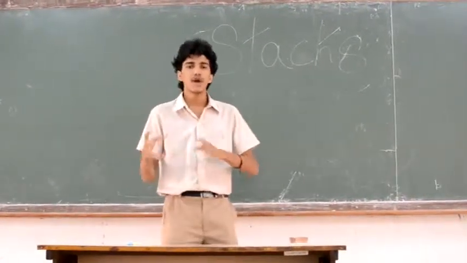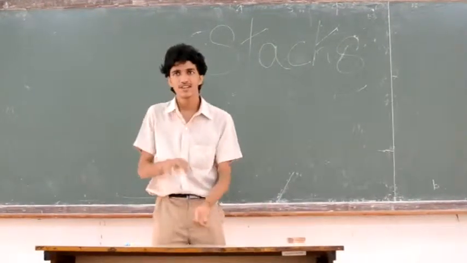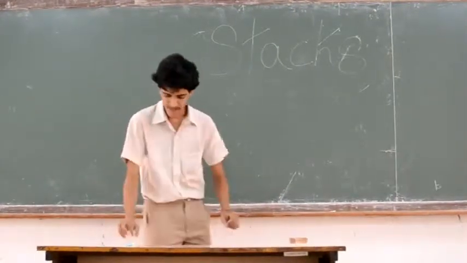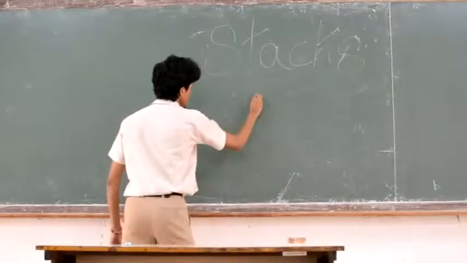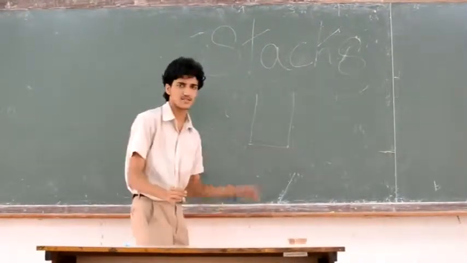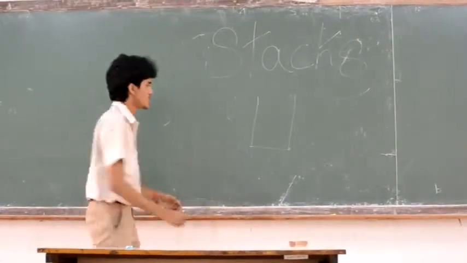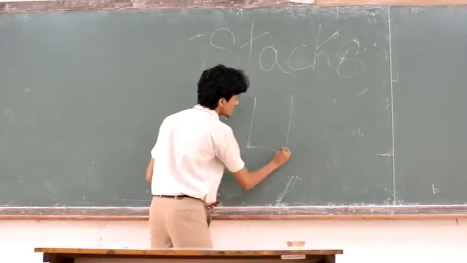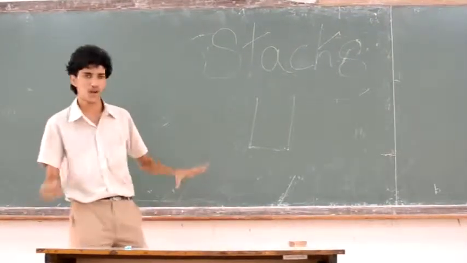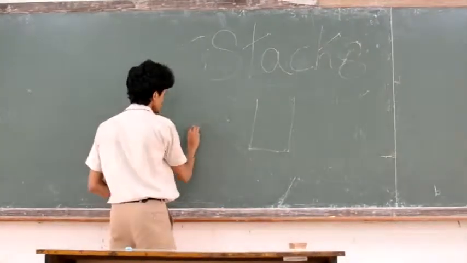So when a function calls another function, all the information of this function needs to be stored somewhere. So let's say we have a data structure like this. This is obviously a stack. We are learning about stacks, right? So we have a stack over here which will hold all the information about this function so that we can move on to the next function.